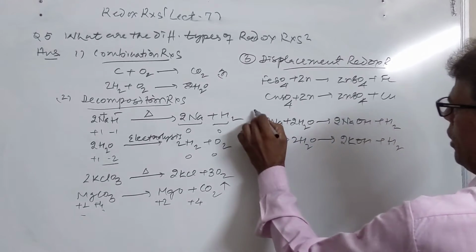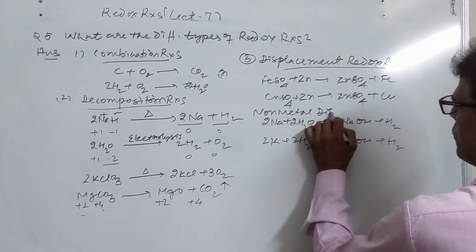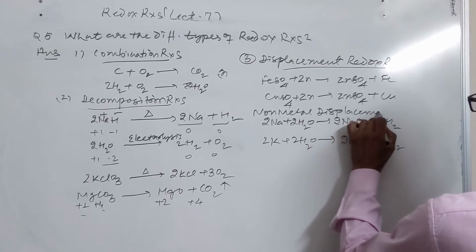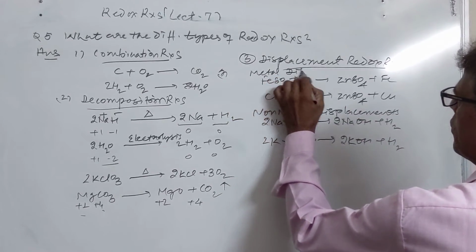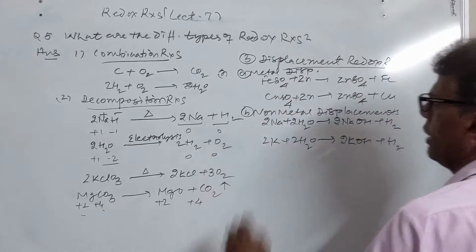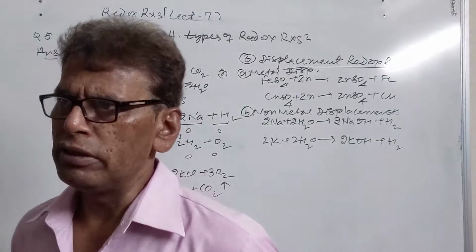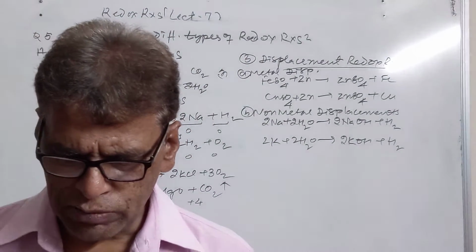So these are the non-metal displacement reactions, and the earlier ones are metal displacement reactions. So displacement reactions are of two types: metal displacement and non-metal displacement reactions.